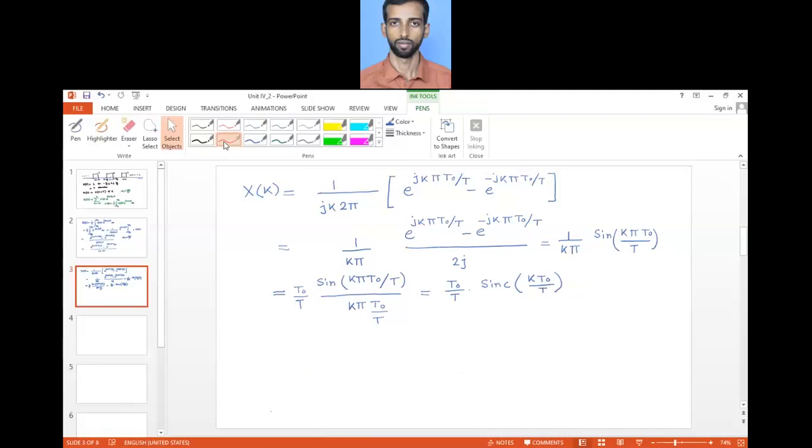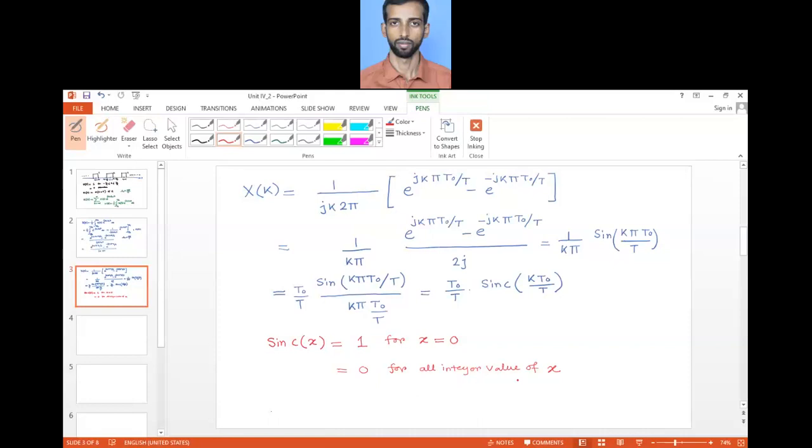So sinc is a special type of function in signals and systems which has a property something like that: sinc x is equal to unity for x equal to 0, and that is equal to 0 for all integer values of x.